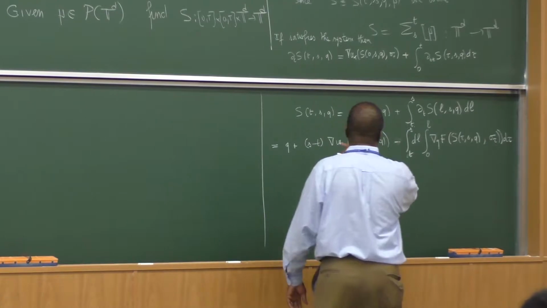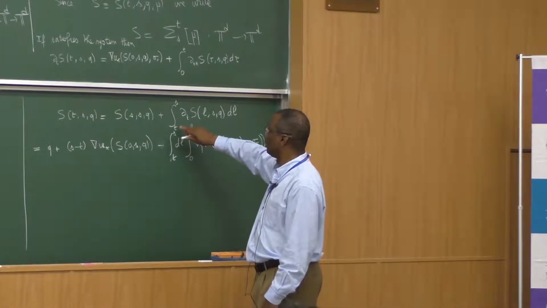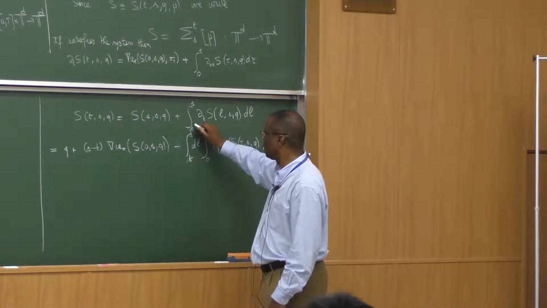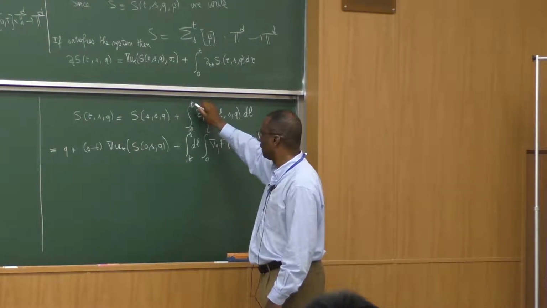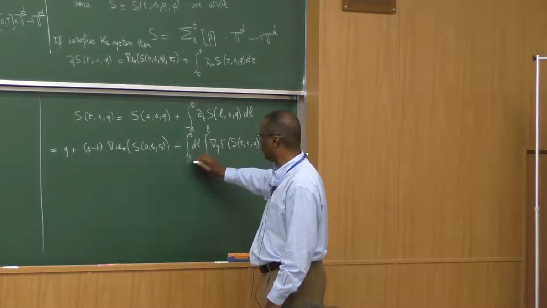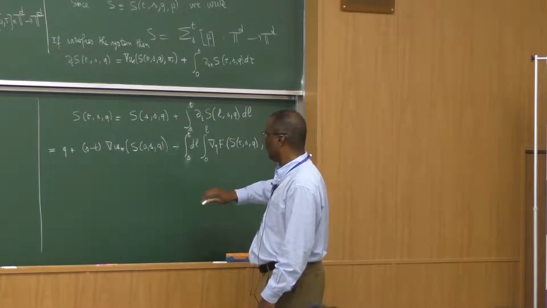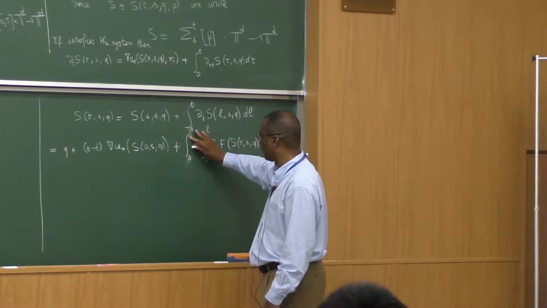So I think here it will be the integral from s to t, and with a negative sign, it will be the integral from t to s.